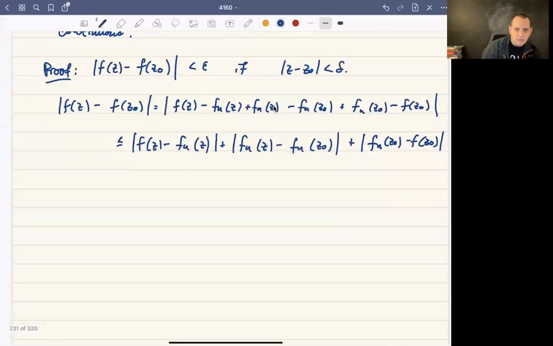So here's now, really, I shouldn't have called that a proof, that was kind of a sketch. But here's where the proof starts. So let epsilon be given.